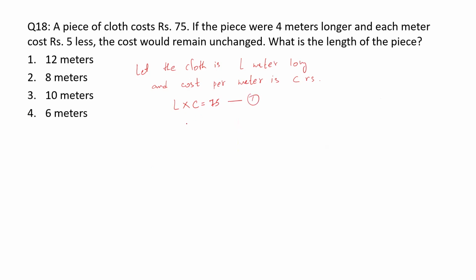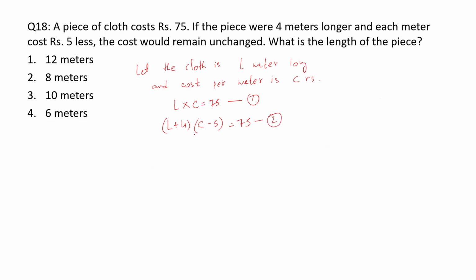This is equation number 1. Now what are they saying? They are saying if the length is 4 meters longer, let us assume the cloth is L plus 4 and the cost is 5 rupees less, C minus 5. Then also the cost becomes the same, 75. This is equation number 2.